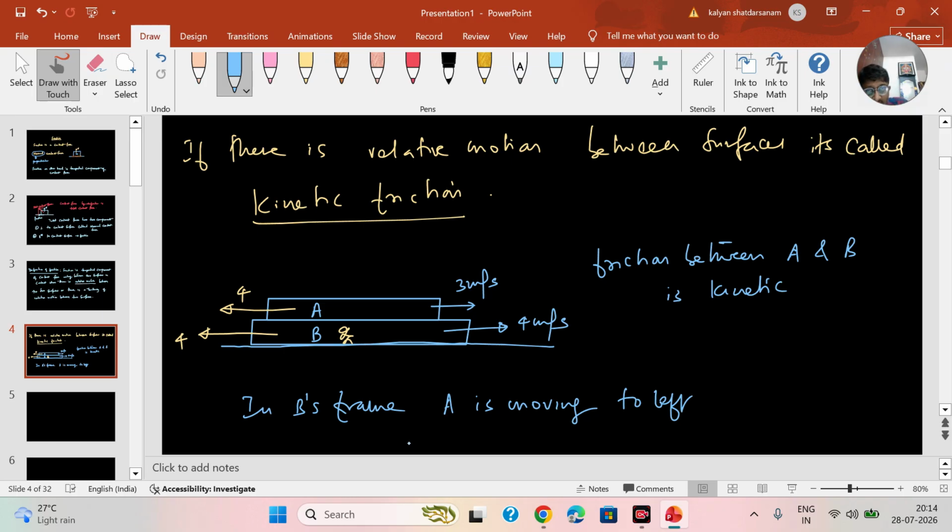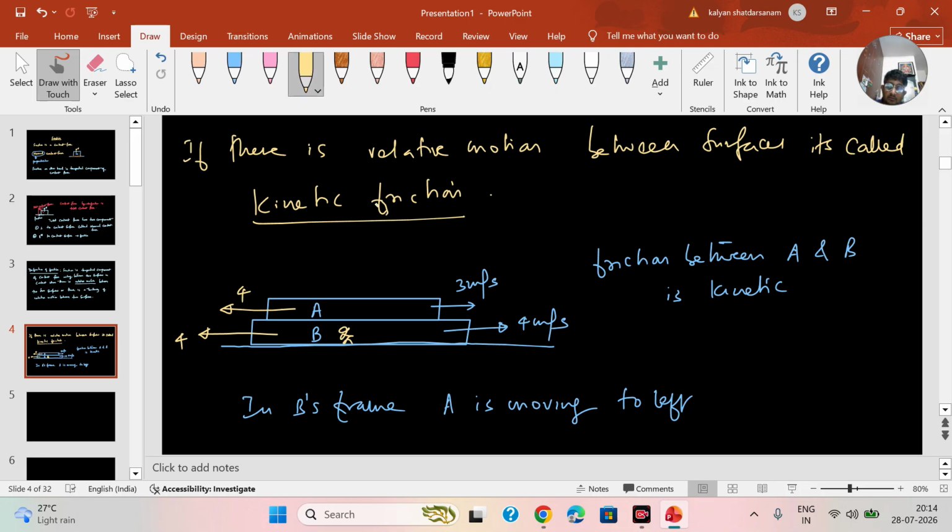And another important concept. Many people sometimes say friction opposes motion. No, friction may help in motion also. I am able to walk because of friction only. And we will see many other examples where friction will help in motion, help in movement. So friction does not oppose motion. Friction opposes relative motion, or it opposes the tendency of relative motion, one of the two.